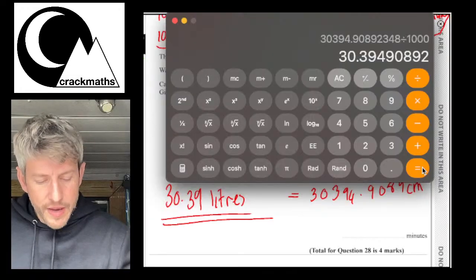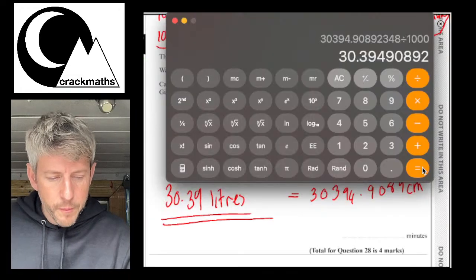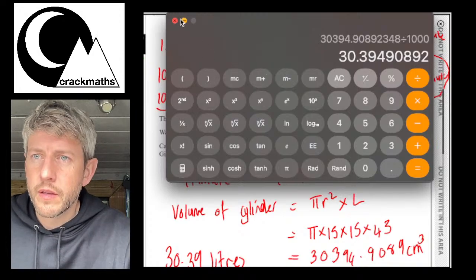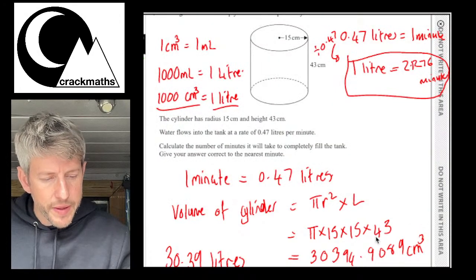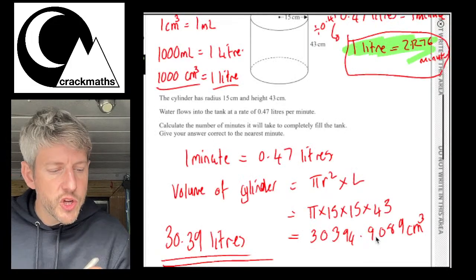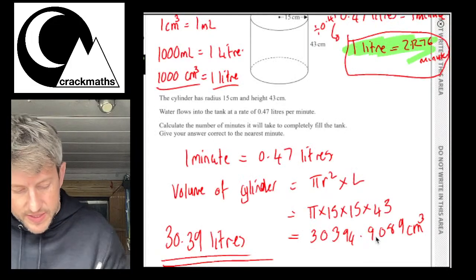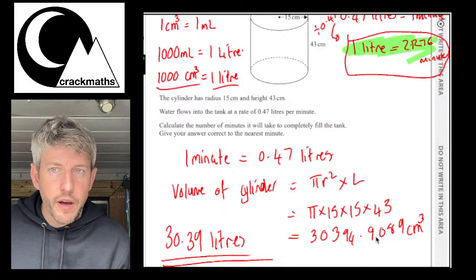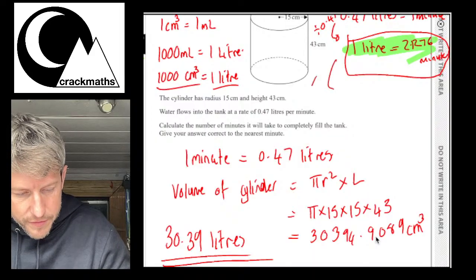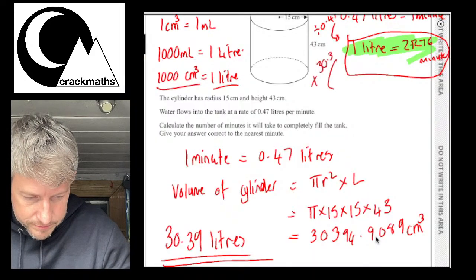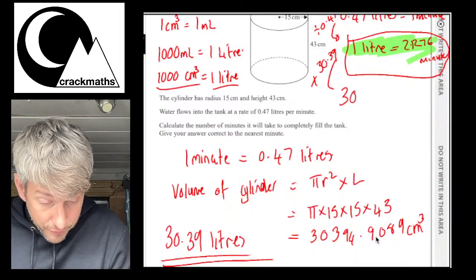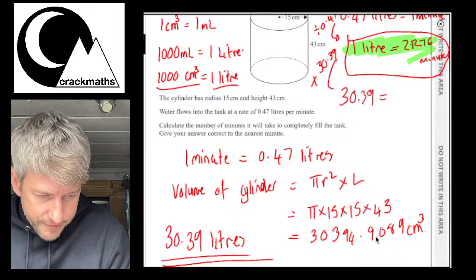Now we know from up here that 1 litre takes 2.1276 minutes and we've got 30.39 litres. What we need to do is multiply both of these by 30.39, and that will tell us how long it takes for 30.39 litres to fill.